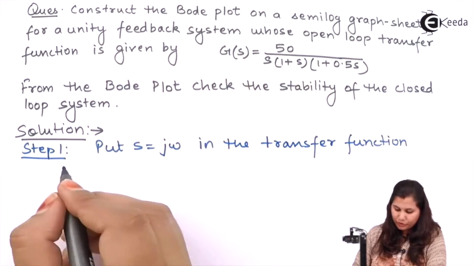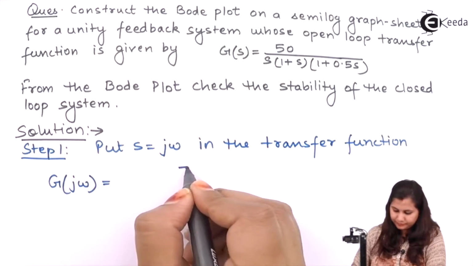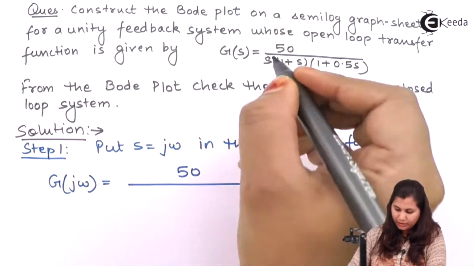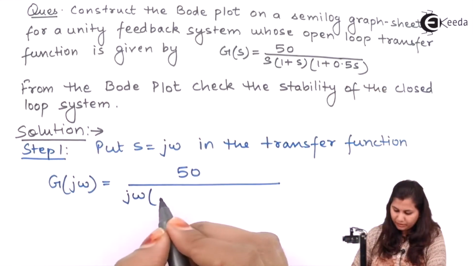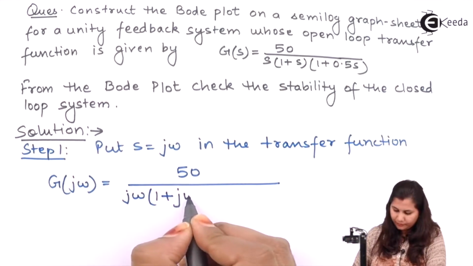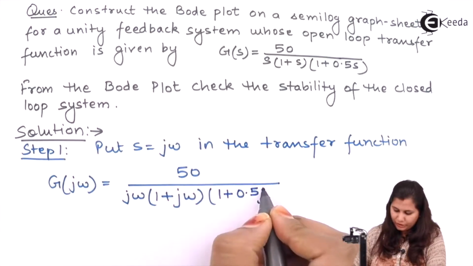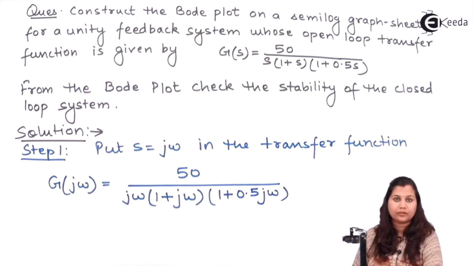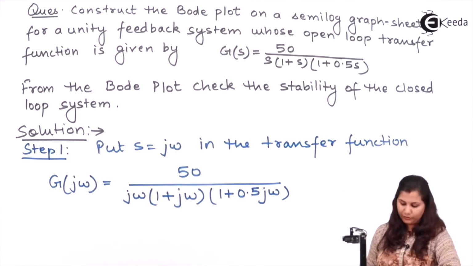So it will become G(j omega) equals 50 upon j omega (1 plus j omega)(1 plus 0.5 j omega). Okay, so this is the transfer function in the frequency domain.